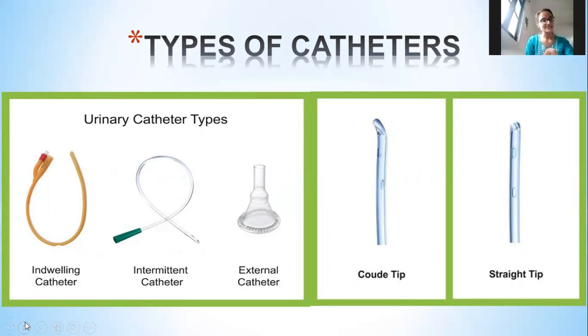Catheters, as I told you, differ in the material they are made of. It could be made of silicone or rubber, and there are different utilities for each. If you're using a catheter made of silicone, you can use it for a longer period of time, for patients like neuro patients where you need to do catheterization for a longer period, because neuro patients or patients in a coma cannot evacuate urine on their own.